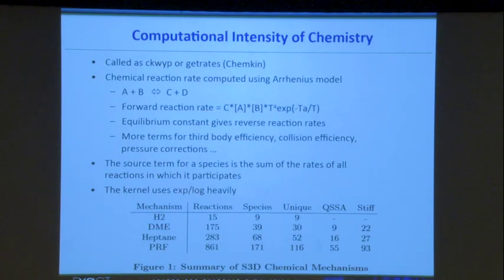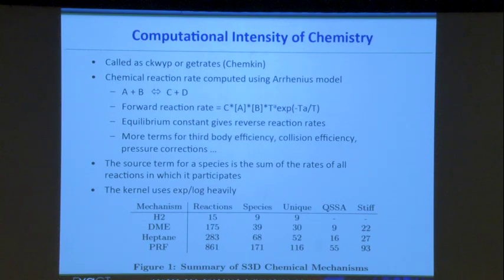To give you an idea of the computational intensity of the chemistry, here we have a routine in our code that mimics the CKWYP routine in Chemkin, and there's probably corresponding routines in Cantera and other favorite packages that you have. We've rewritten that and called it get rates in our code to make it more efficient. And so chemical rate is computed using an Arrhenius model.